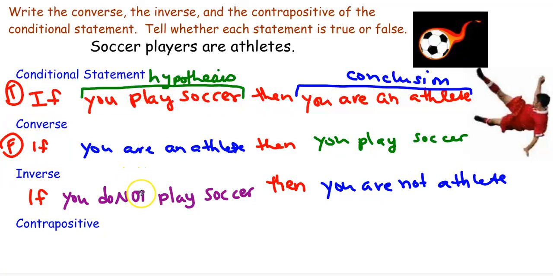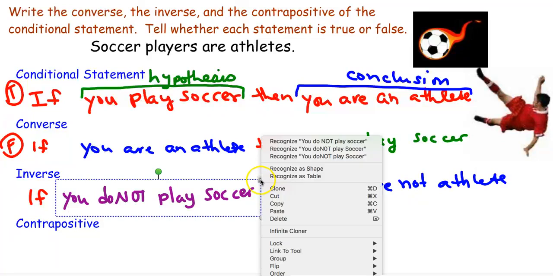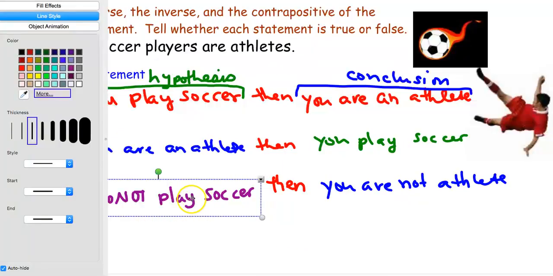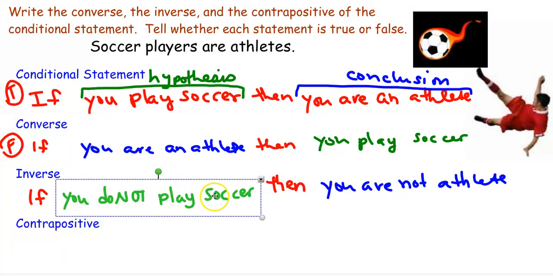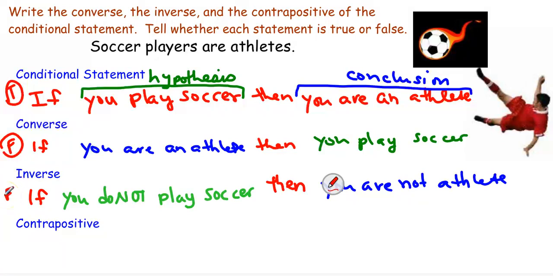So if you think about whether or not that one's true or false, well, here we would think, who wouldn't play soccer? And so you might say to yourself, well, not all football players play soccer. Not all baseball players play soccer. So for the same reason that the converse was false, we could use a similar counterexample to say the inverse is false. Just because you do not play soccer does not mean you are not an athlete.